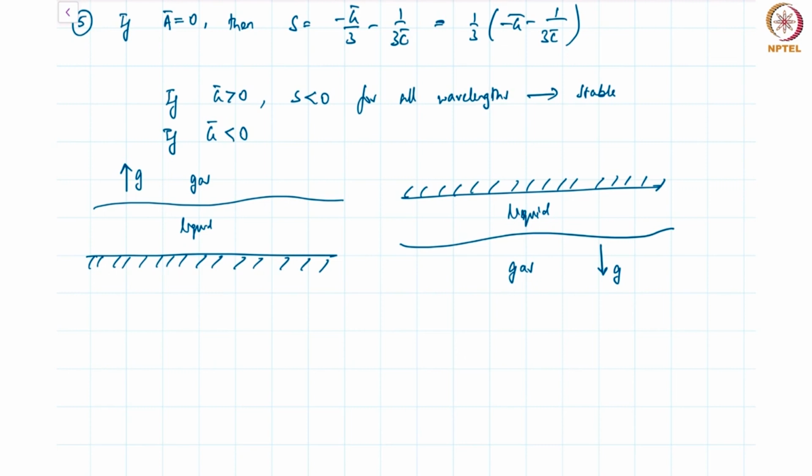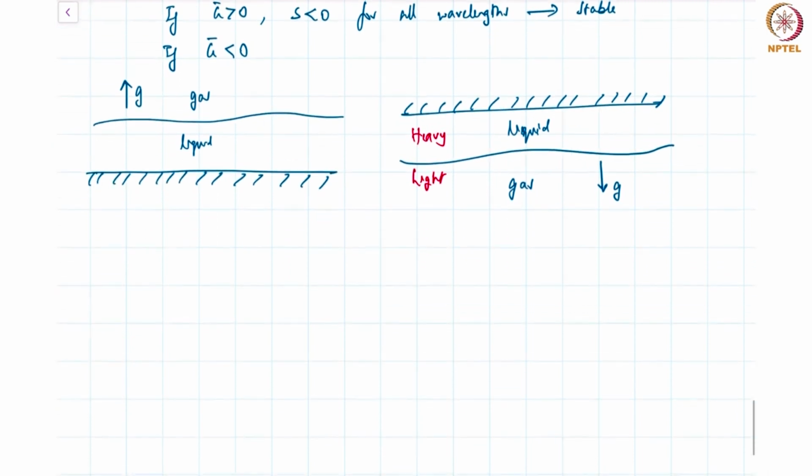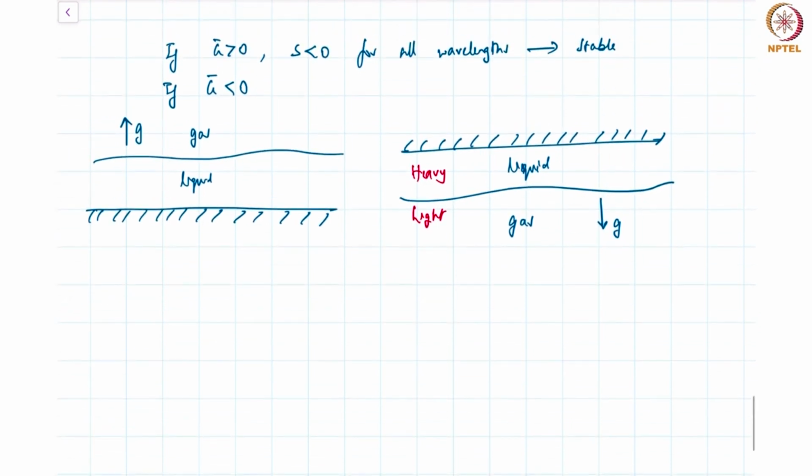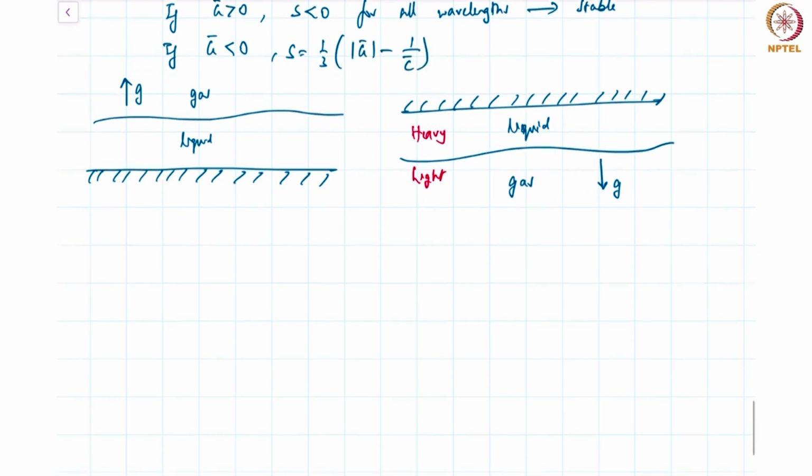And the gravity vector is now pointing from liquid to gas. We know this is an unstable configuration intuitively, because a heavy over a light fluid would be unstable. Well, not always. It's unstable provided the gravitational forces are able to overcome surface tension forces. What does this mean in terms of the dispersion relation? If g bar is less than 0, then S becomes 1 by 3 magnitude of g bar minus 1 by c bar, right?